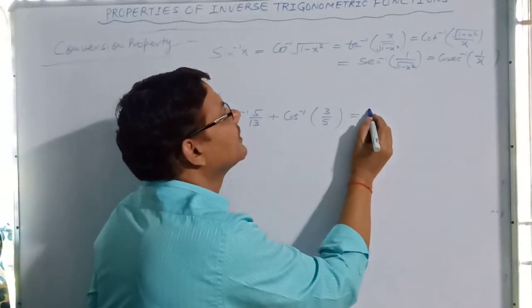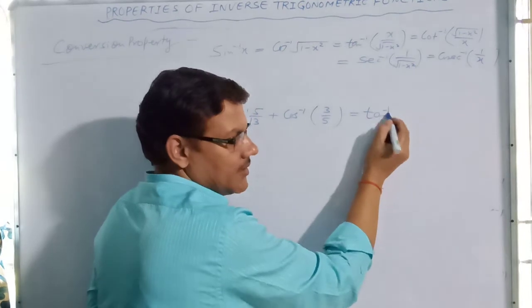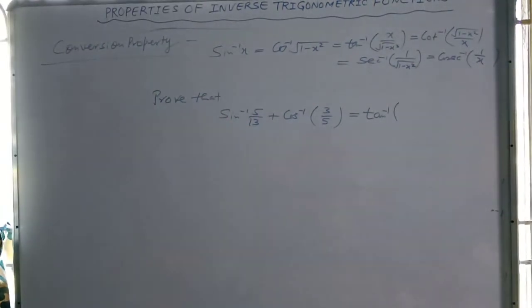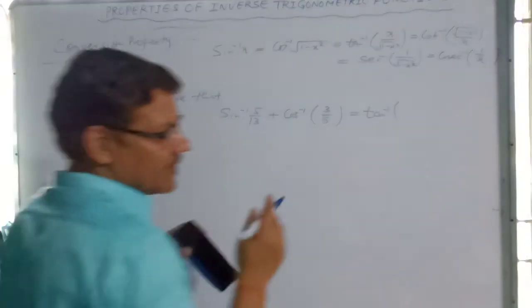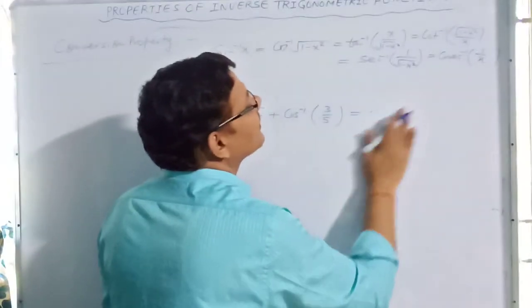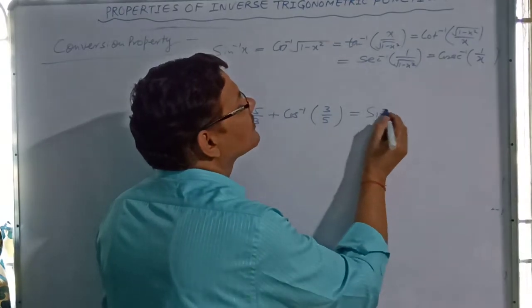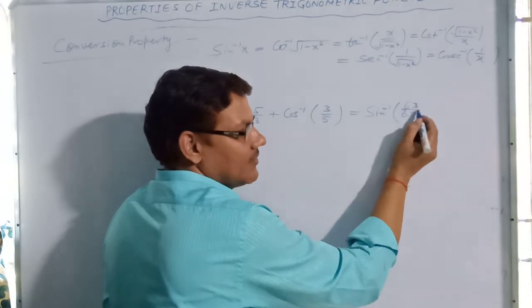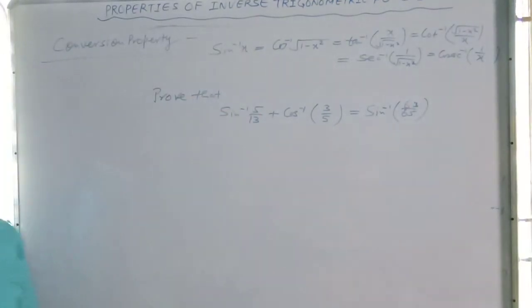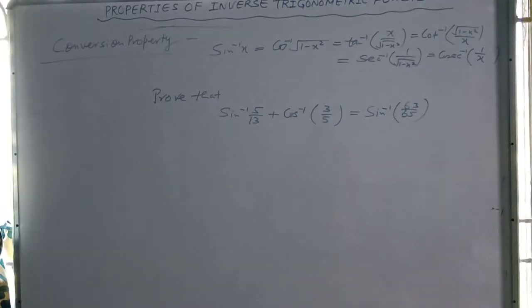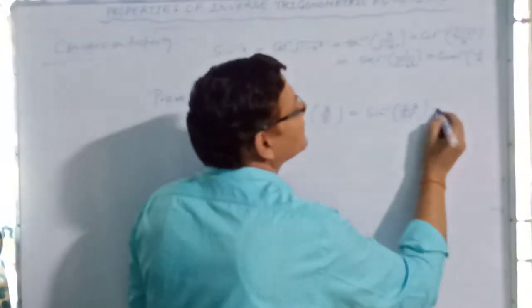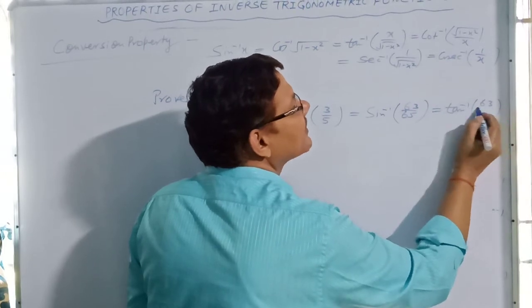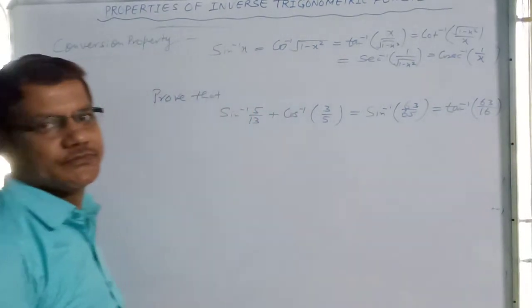We may change to tan inverse, or we may write it in sin inverse. So here it is sin inverse of 63 by 65. When we wish to get it in tan inverse, it comes as 63 by 16. Okay?